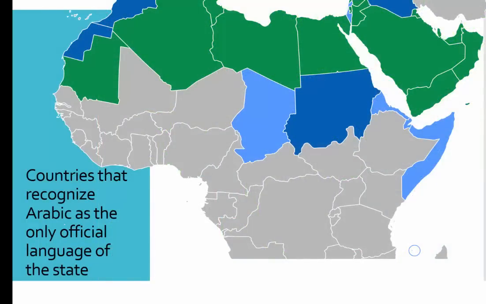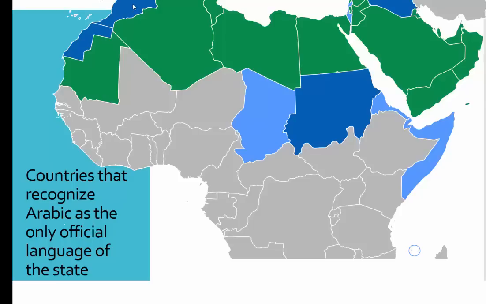This is a map that shows us which countries recognize Arabic as the only official language of the state. So, if you go to the country of Oman, Yemen, Saudi Arabia, Syria, Egypt, Arabic is the only official language. Just as in the United States, the language of English is our only recognized state language.